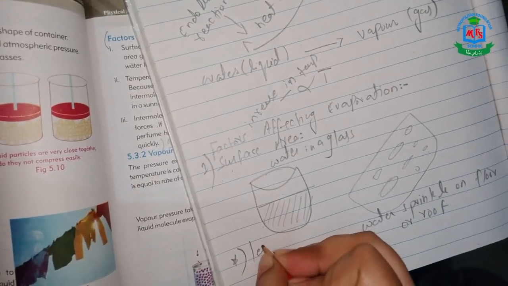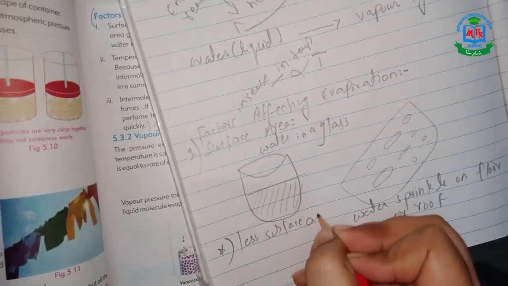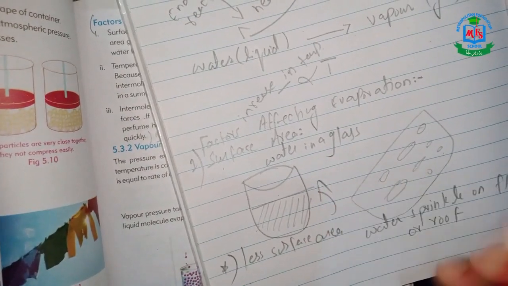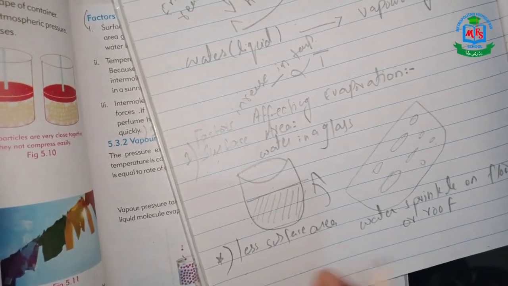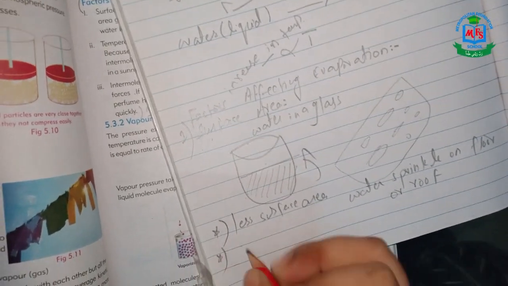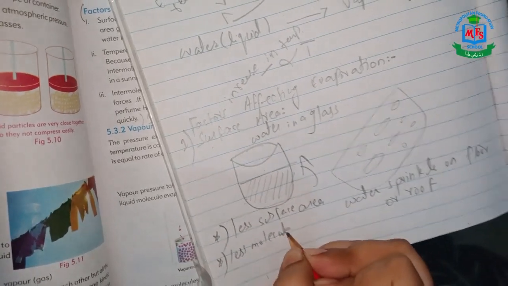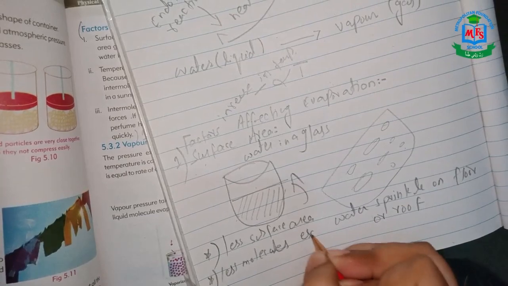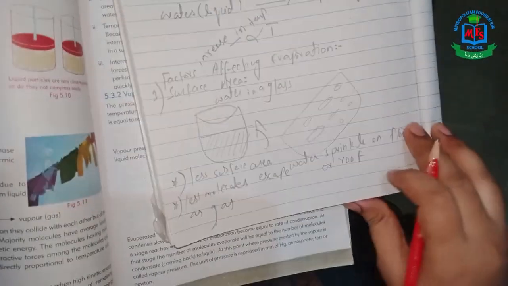Less surface area. First point is less surface area. Water in a glass, less surface area, less molecules escape as gas. Second point, less molecules escape as gas.